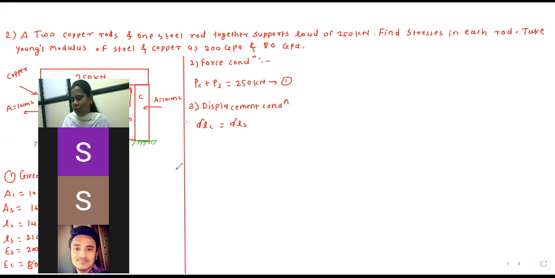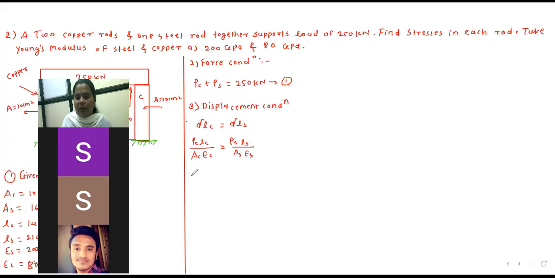That is, change in length in copper rod is equal to change in length in steel rod. So how to find out this change in length? Load in copper, length in copper divided by area of copper into Young's modulus of copper is equal to force in steel, length of steel, area of steel and Young's modulus of steel.